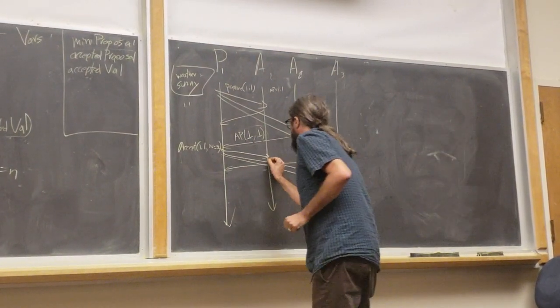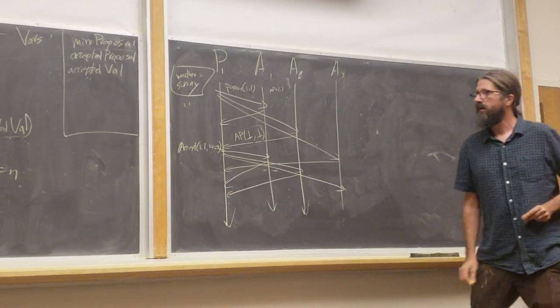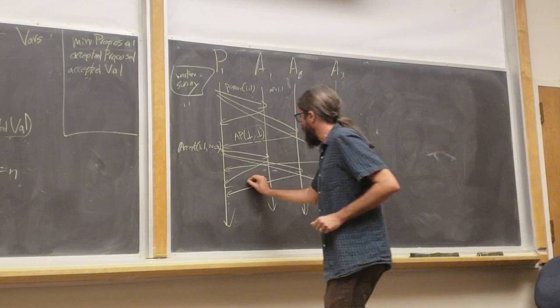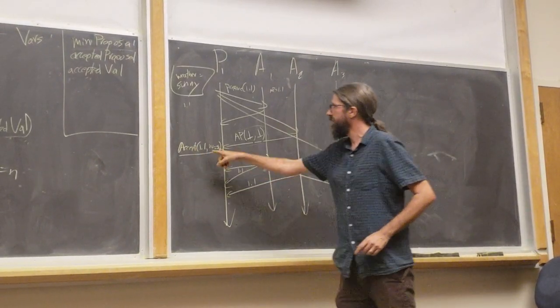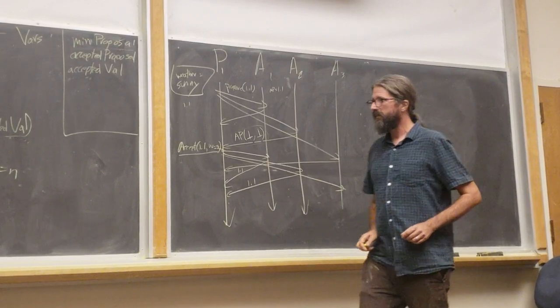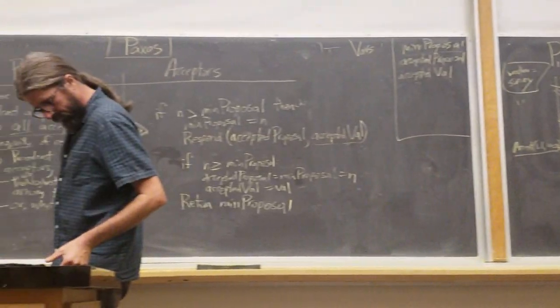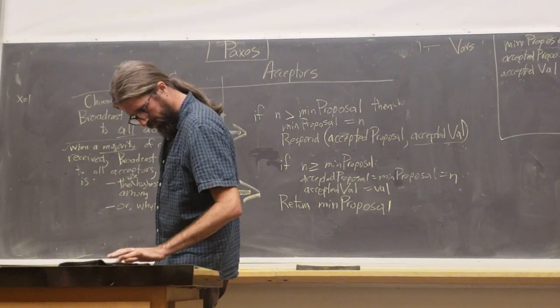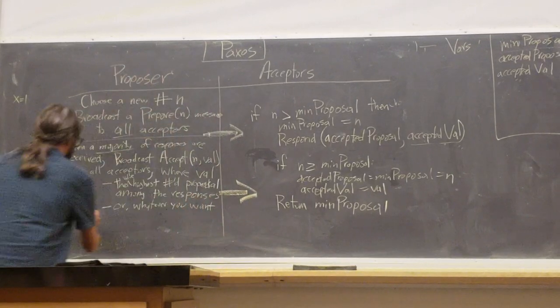And now these acceptors are going to respond with what? Yeah, they're going to say 1.1. And this proposer, after sending this accept message, is going to await. Why wasn't this on my notes? Because this is part of the protocol. Wait for acknowledgement. Yeah, okay, here we go.